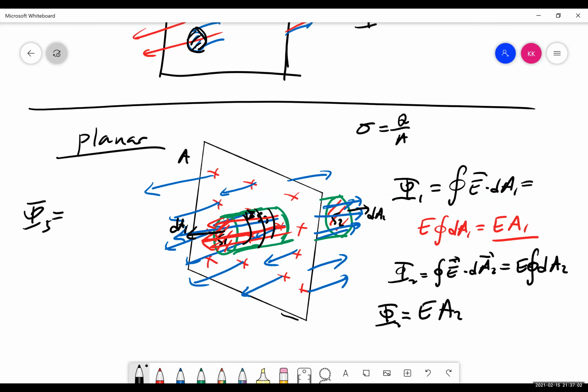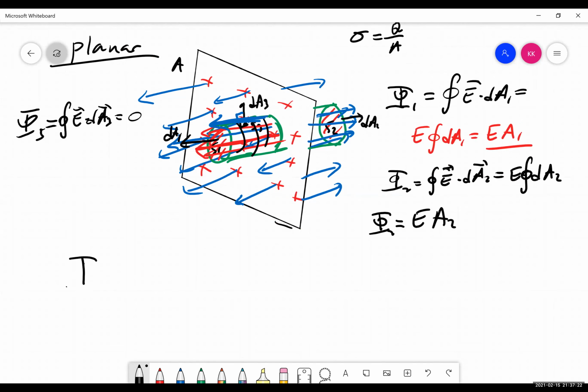So if I carve a small piece and draw the dA3 like this, I can see that the electric field in this direction is perpendicular to dA3. That means the flux of E dot dA3 is going to give me 0, because no electric field lines go through that curved region.